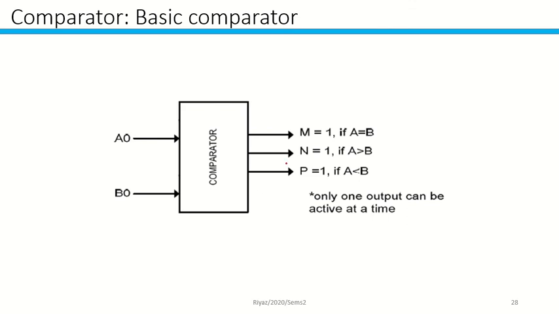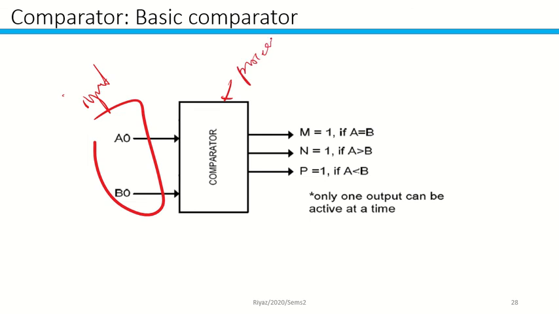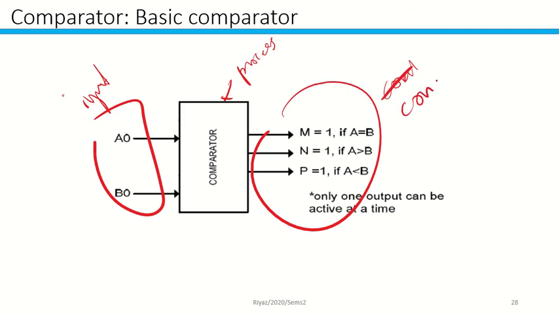To make it very easy, you're going to have input. This is your input, and this is where you process, and this one is your condition. If you see over here, when A equals B, your M will be activated.